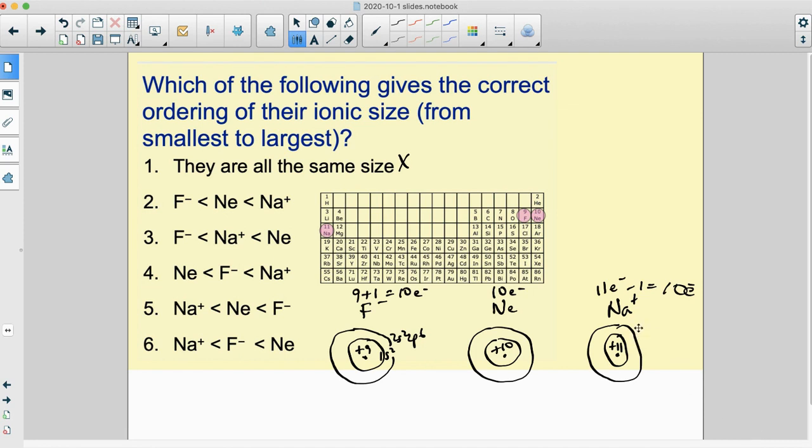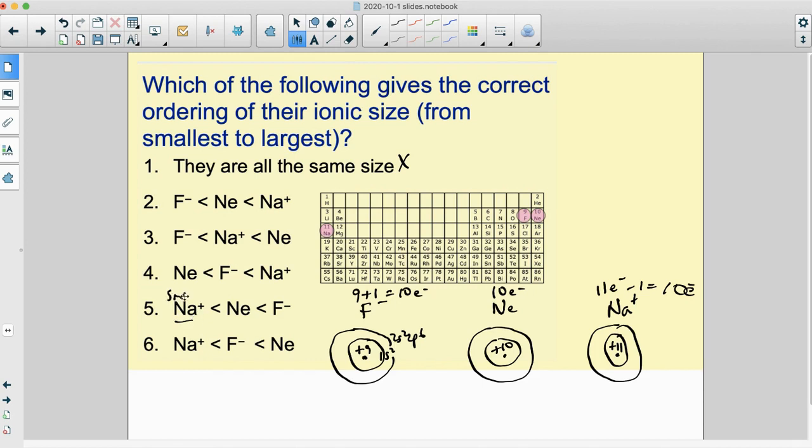All right, so which of these is going to be the smallest? Well, we know that the nucleus with the highest nuclear charge, the highest positive charge, will be able to pull in 10 electrons more tightly than a nucleus with a plus 9, right? It just does not have as much positive charge to pull those electrons in. So this sodium plus ion will be the smallest, okay?